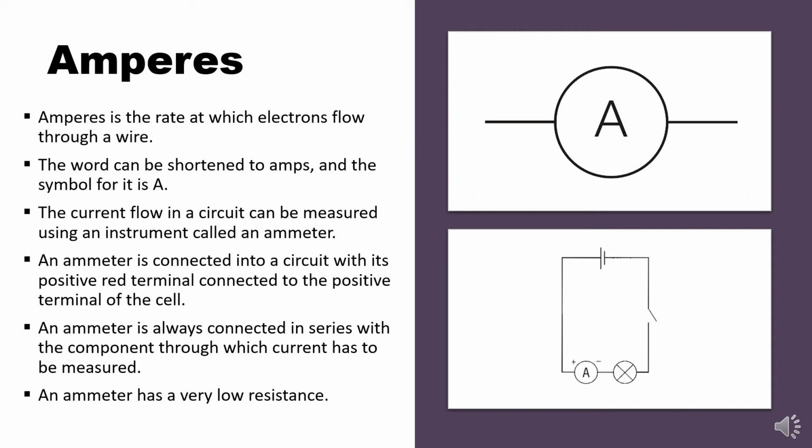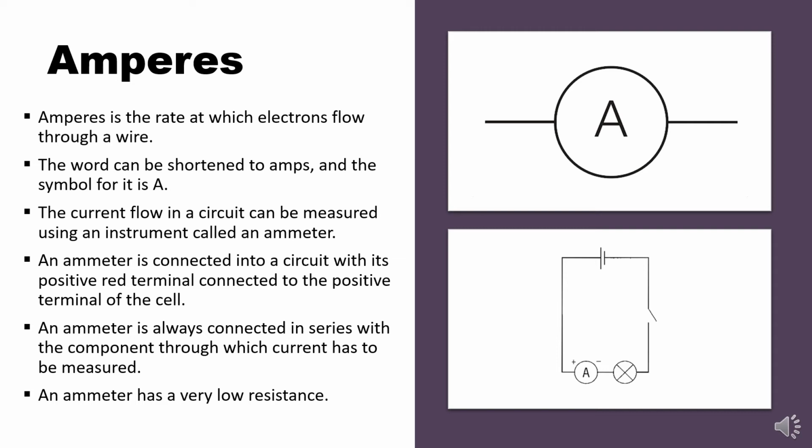Now we would be reviewing two important topics in electricity: measuring current and measuring voltage. Amperes. It is the rate at which electrons flow through a wire.